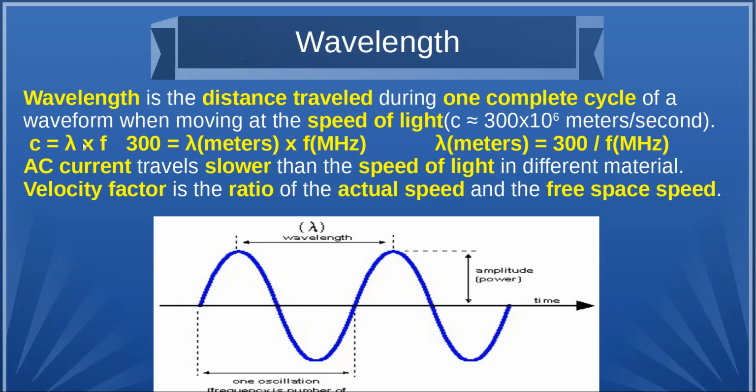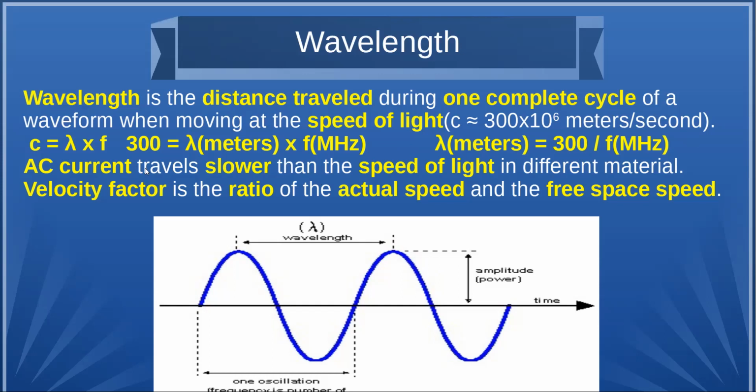So you get the formula that the speed of light, which is a constant, and we use 300 to make it easier, is equal to the wavelength in meters times the frequency in megahertz. The reason we use megahertz is so we can cancel out the 300 million meters per second. So let's just use the number 300 instead of 300 million. It just makes it easier to do the manipulation.